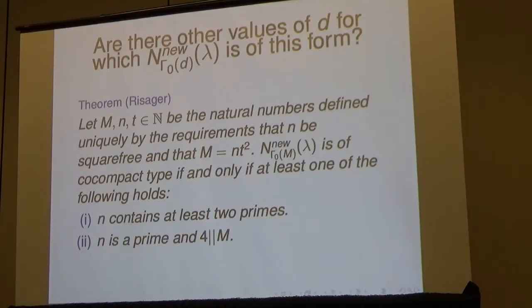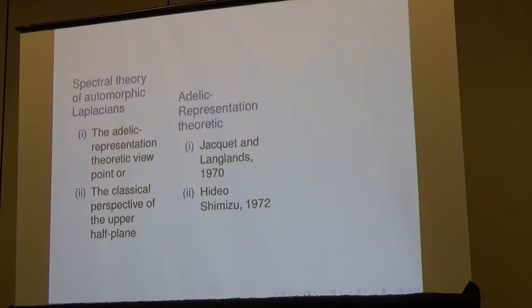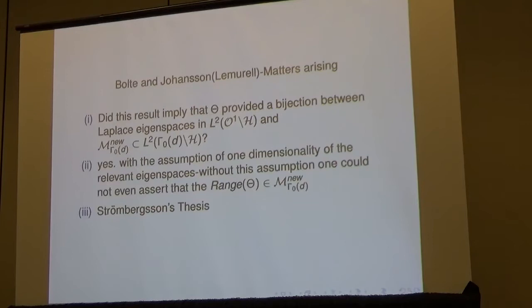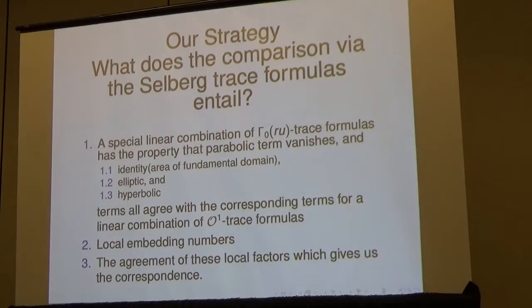So the question is, how do we prove this? What does the strategy for proving this look like? Essentially what we're doing are comparisons via the Selberg trace formula, and there are a couple of ideas.